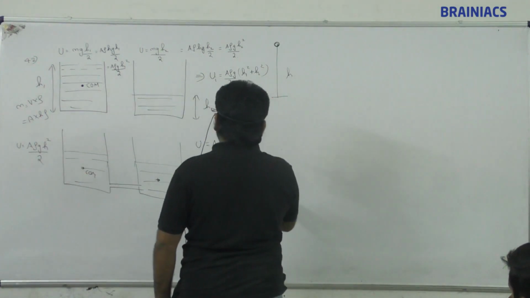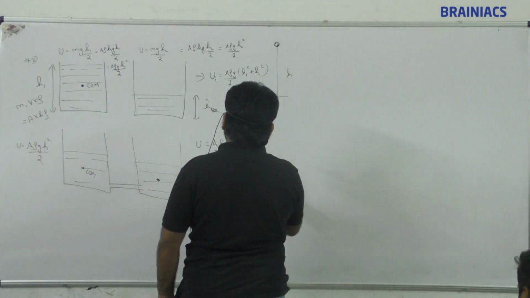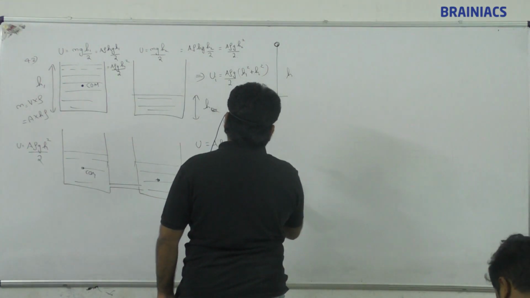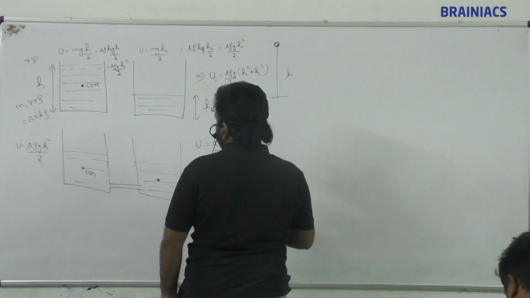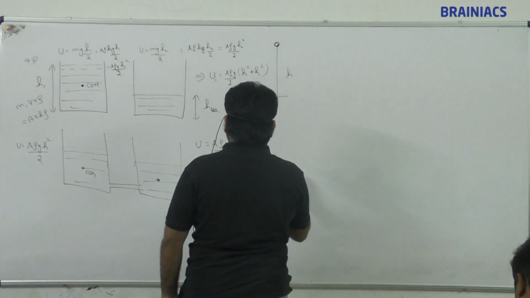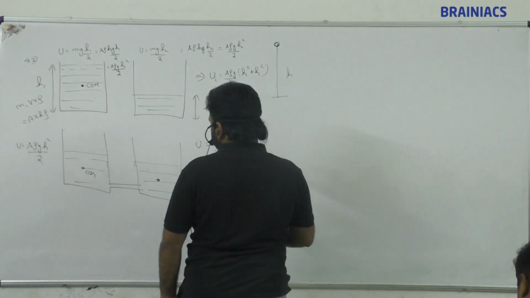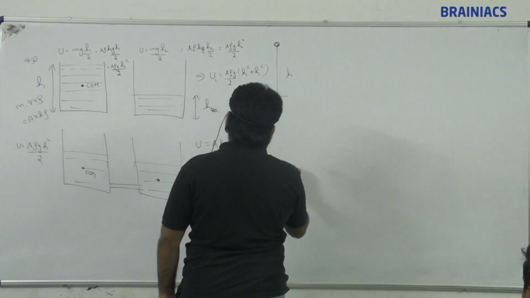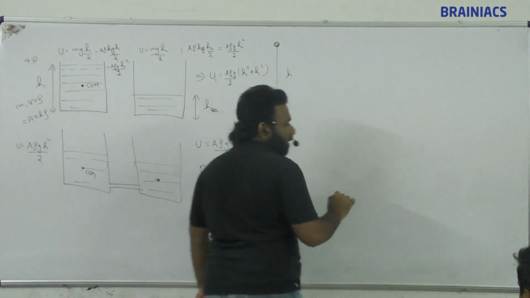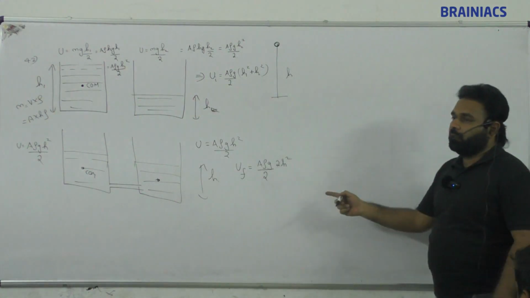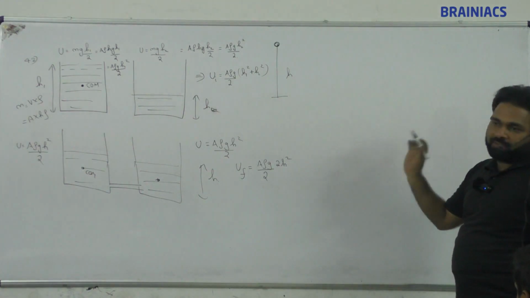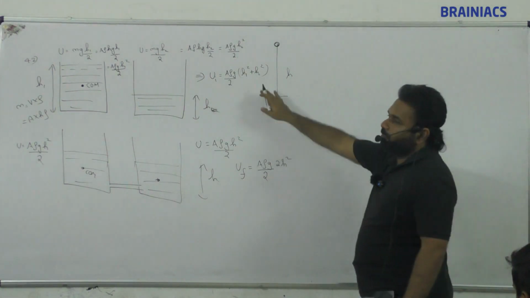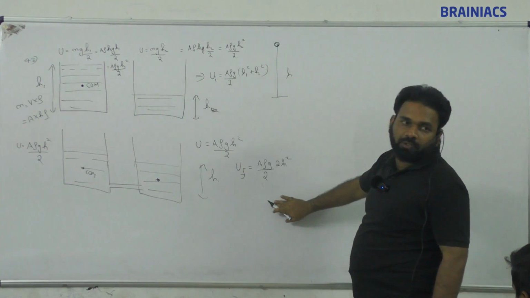So the total potential energy of the final is going to be A rho g divided by 2 into 2h square. 2h square, correct or what? Okay, this is how you wrote it, 2h square. So this is the first potential energy, second potential energy.